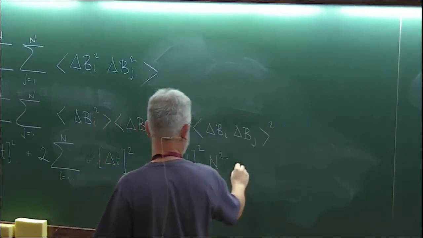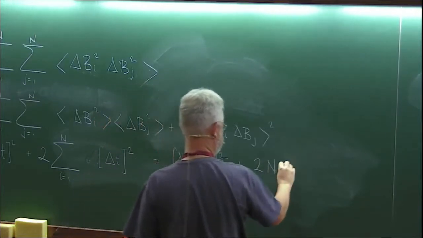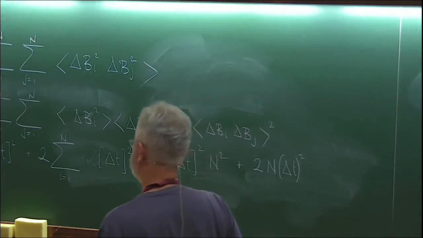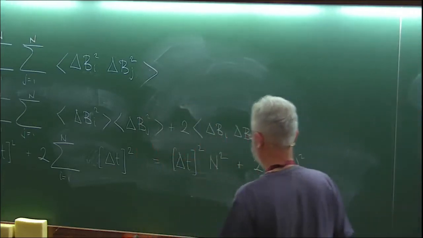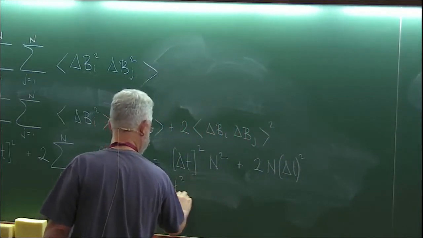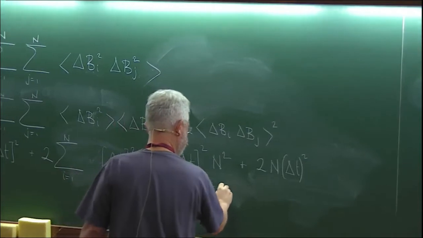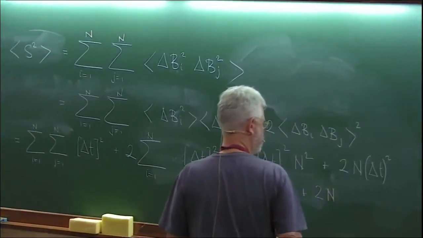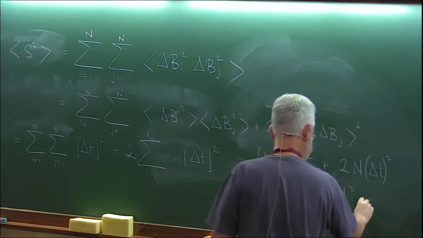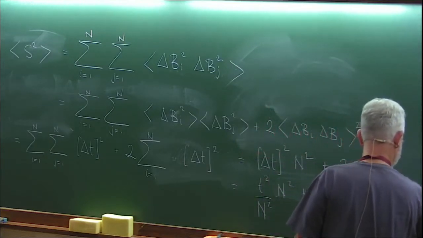And then the second term, we just have 2 times n, because we don't have the diagonal term, times delta t squared, okay? So if the total time is t, delta t is t divided by n, so this gives me t squared over n squared times n squared, plus 2n times t squared over n squared. So this is equal to t squared plus 2t squared over n.